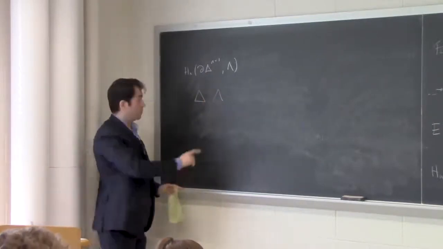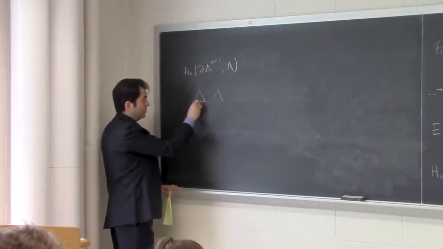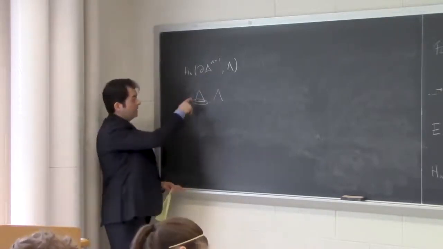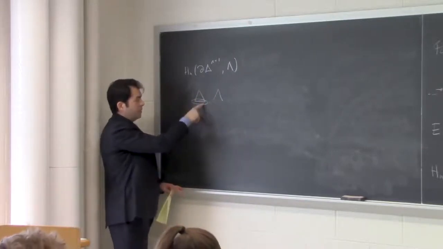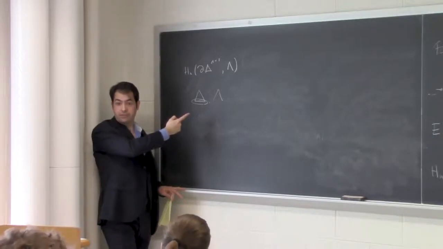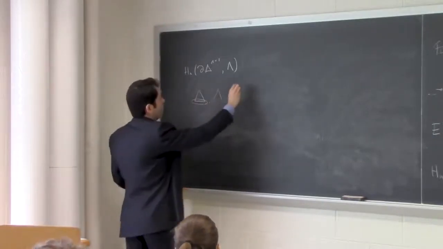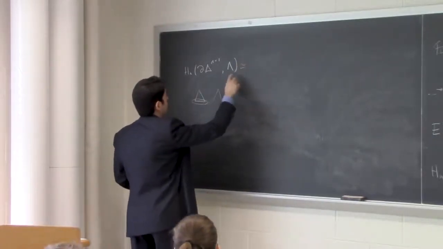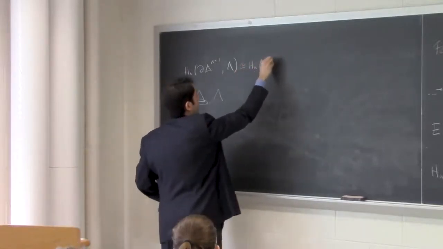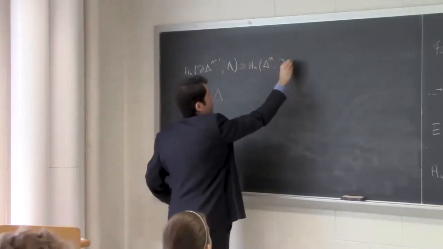All that's left here is that last face, and you're collapsing the other side, so who cares? But in terms of this last face, you're collapsing all of its boundary. So what you get here is the same as delta n collapse its boundary.